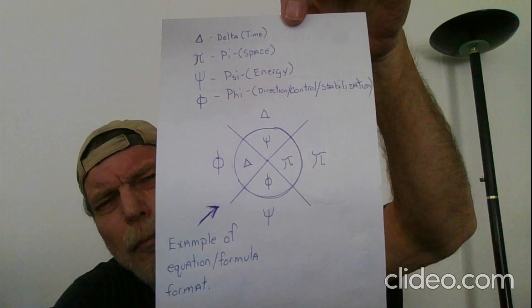Okay, and then below that you see the circle with the X going through it, and then you see the psi phi, or delta pi psi phi, on there. That circle with the X represents a function. It's a quantum function. It's written as an equation, so to speak, or whatever you want to call it.